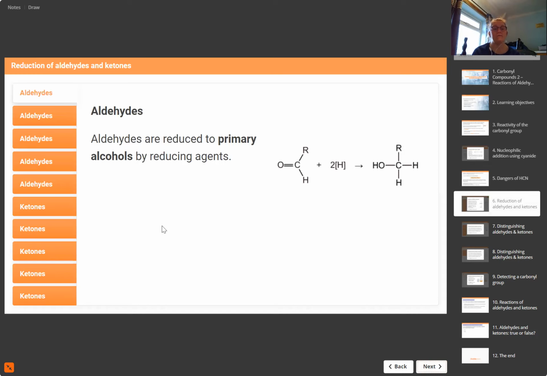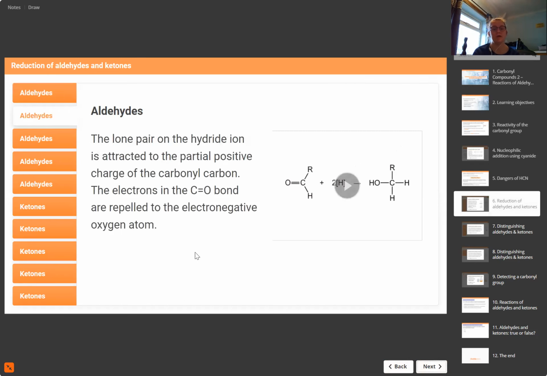Key point, which you should know by now: aldehydes are reduced to primary alcohols by reducing agents, and primary alcohols are oxidized to aldehydes by oxidizing agents. So we've got our aldehyde here, and a lone pair on the hydride ion.